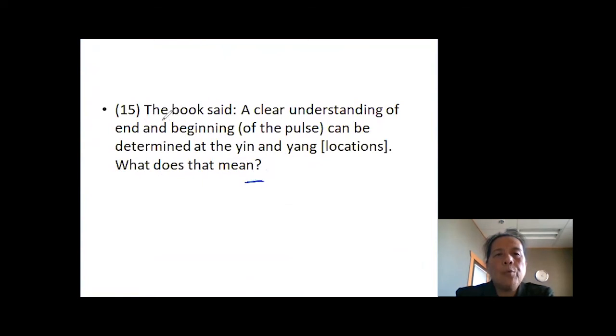The books say, and we're still talking about the great book Huangdi Neijing, that Nan Jing comes after Neijing, so it gives some explanations for Neijing. The book here means Huangdi Neijing, or we shortly say Neijing.